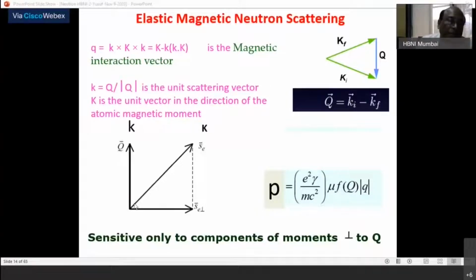Then let us say manganese 3 plus has the moment. The component of the moment which is perpendicular with respect to the scattering vector q, that perpendicular component only will be seen by the neutron in neutron magnetic scattering.